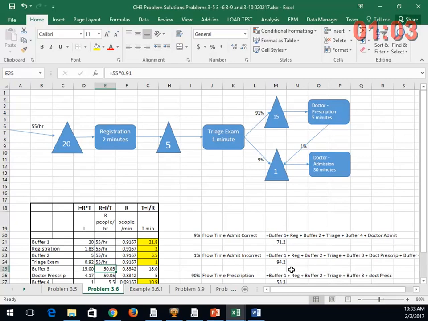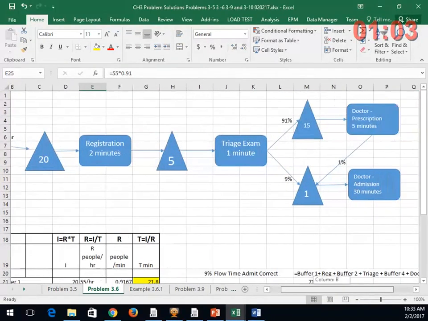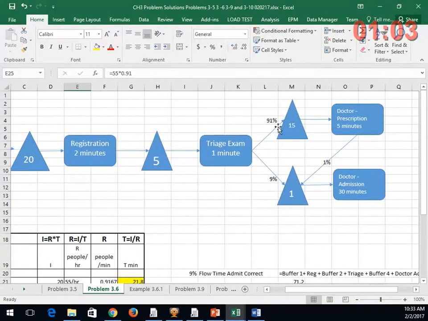And so how that changes is you take your diagram, right? Our diagram looks just the same as what we drew before, except now we have 91% coming up to doctor prescription and 9% going down to admit. And then out of doctor prescription, we have another 1% coming back into doctor admit. Okay?